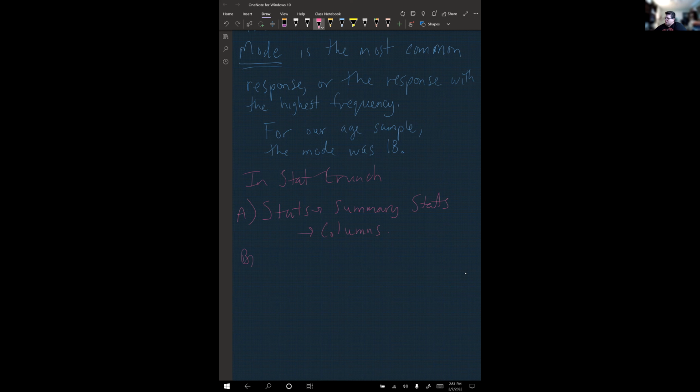B, select which columns you want to look at. C, select the summary stats that you want in the stat box.